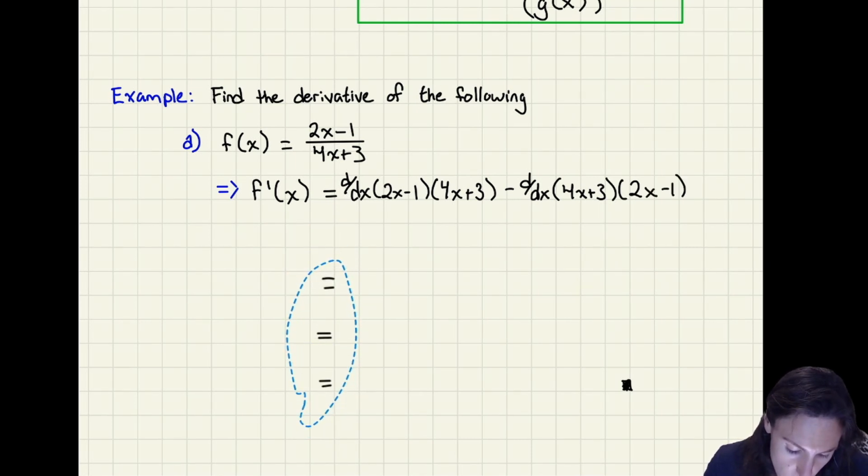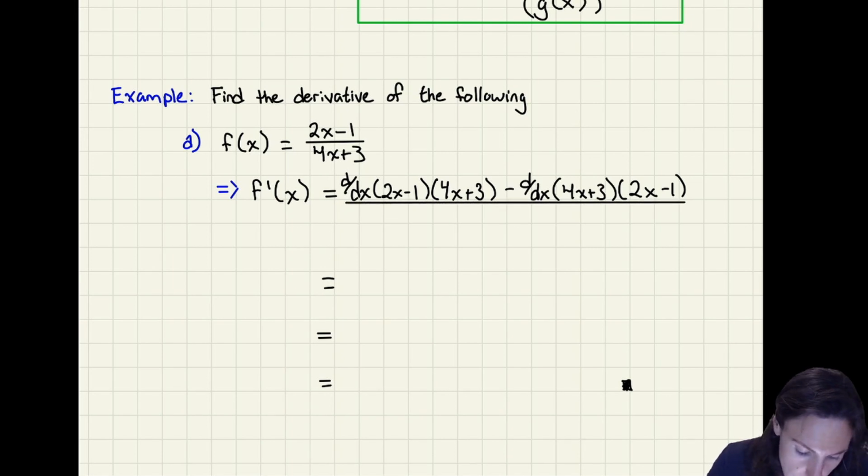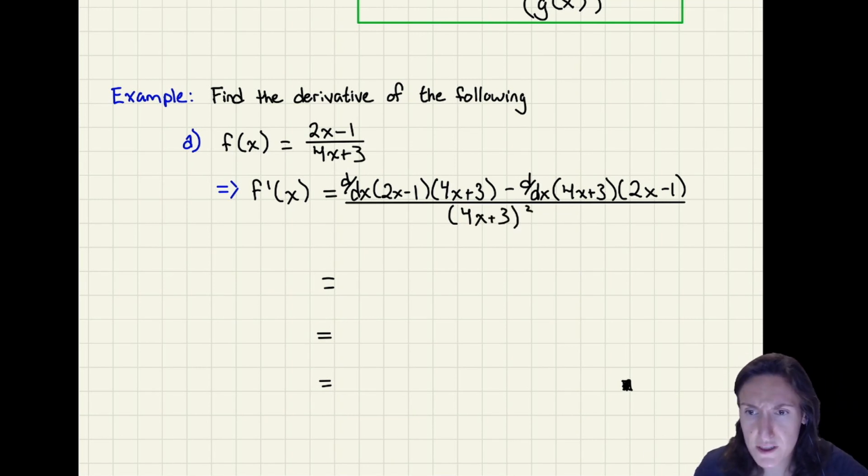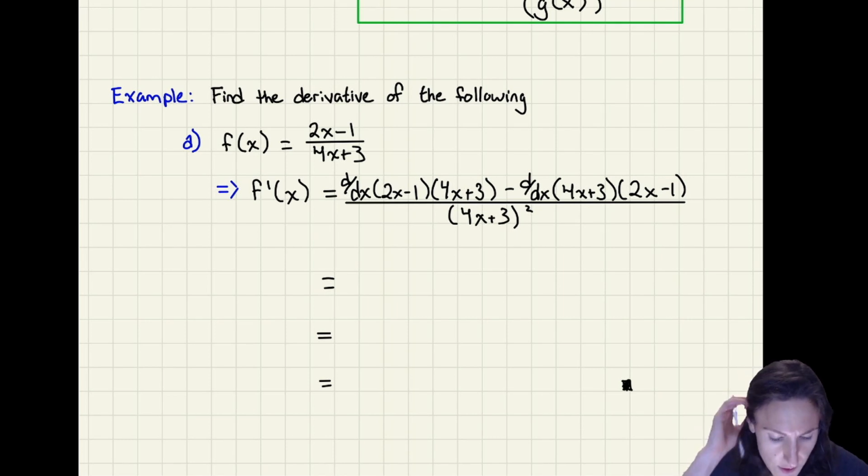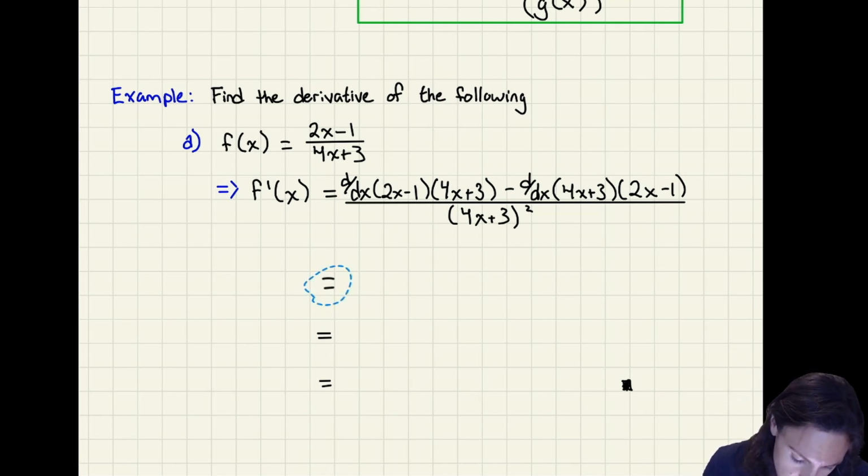And now all of this is going to be divided by 4x plus 3, and all that is squared. And don't worry about expanding the bottom. We're going to leave it. Usually it's easier to leave it.